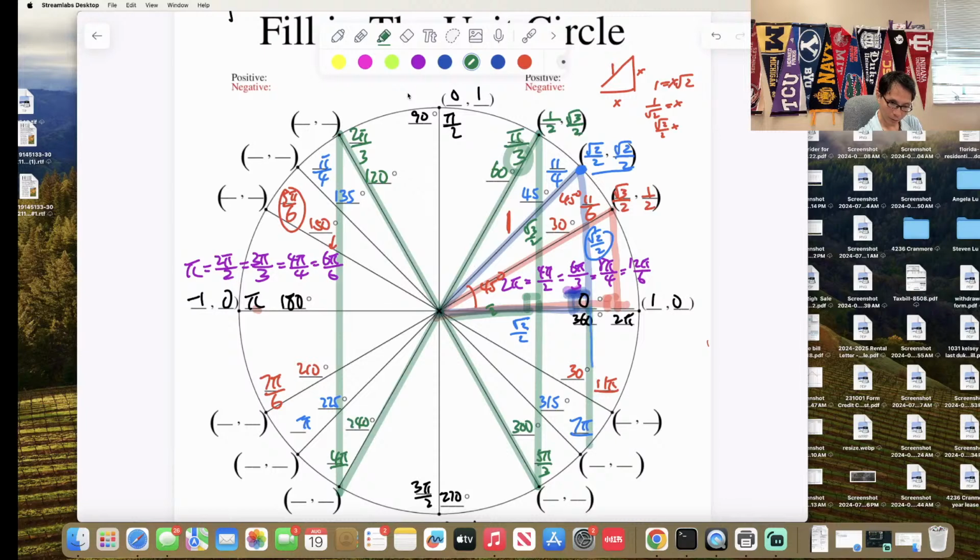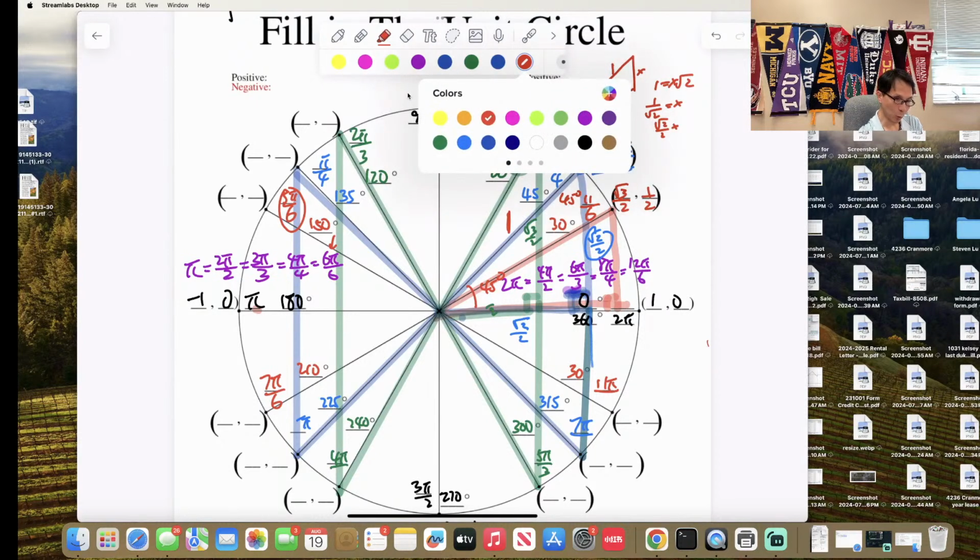Okay, so this is the size 4 butterfly. And this is size 6. Size 6 is just wider and shorter.